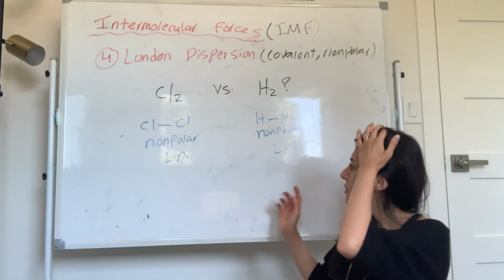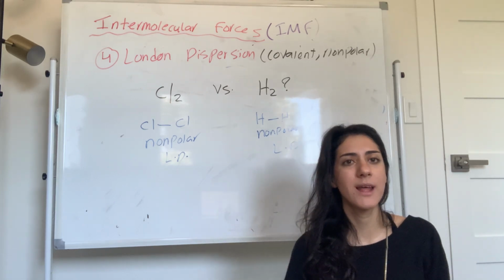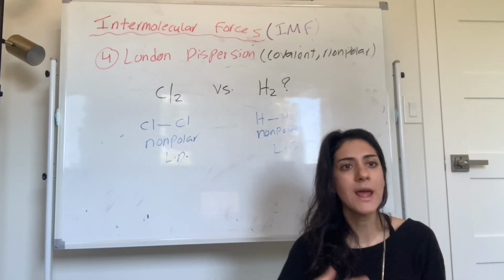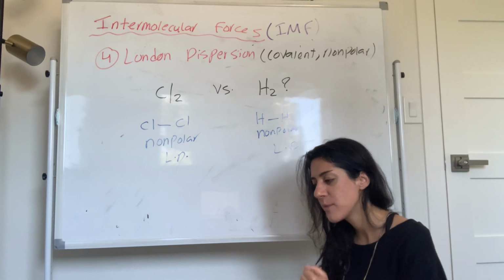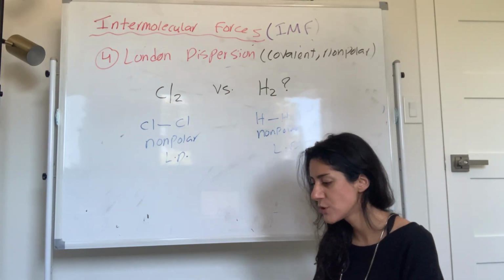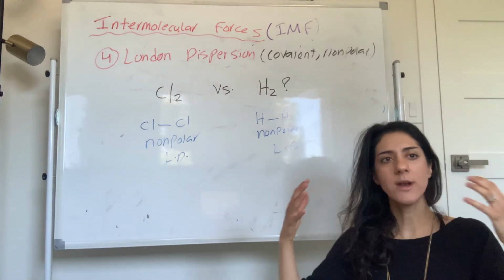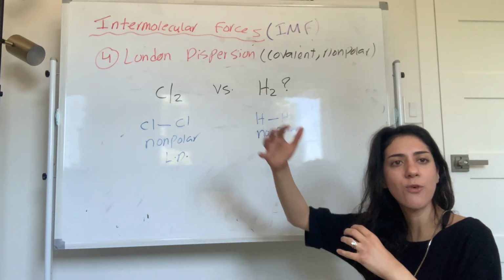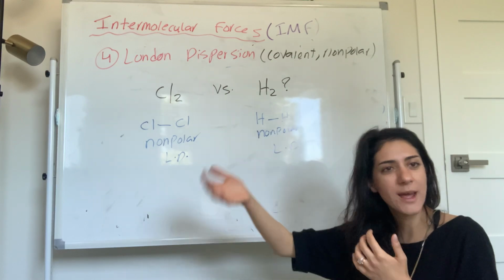Okay. So if both have London dispersion, the one that has a higher molecular weight, or the other way to look at it, the one that has more total number of electrons, is going to have a higher IMF. The electrons are far away from the nucleus, and it's easier for the electrons to get rearranged, right?